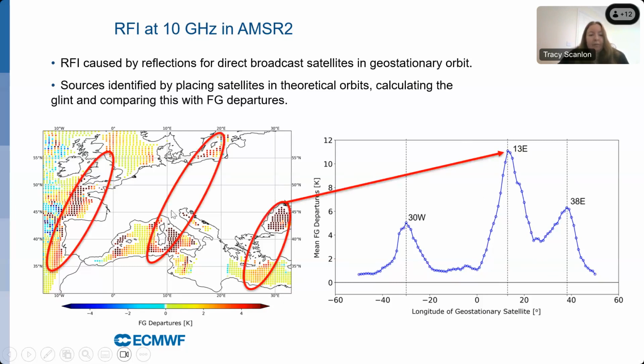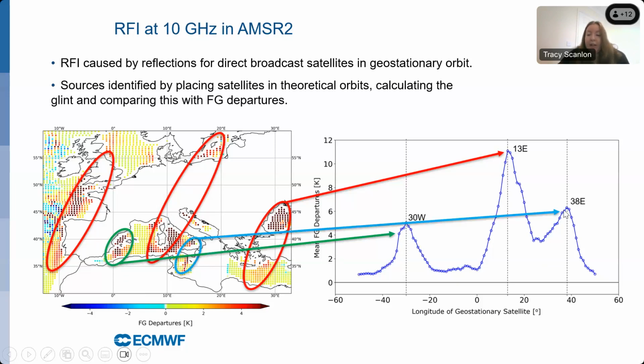So if we then look at this in a bit more detail, we can see that these areas are corresponding to a satellite placed at 13 east. This area to the west, south of Spain, is corresponding to a satellite at 30 west, and this area here is corresponding to a satellite at 38 east.